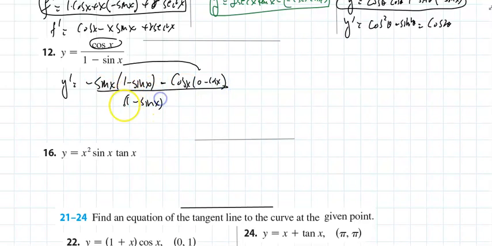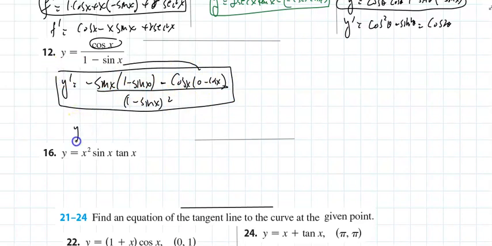Again, on a test, this is all I want. But here we're going to clean this up. We're going to distribute. That's negative the sine of x plus the sine squared of x plus cosine squared of x over 1 minus sine of x squared.